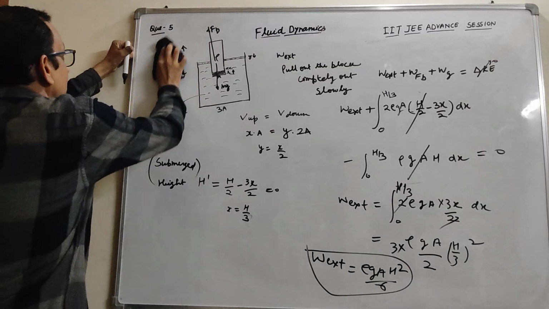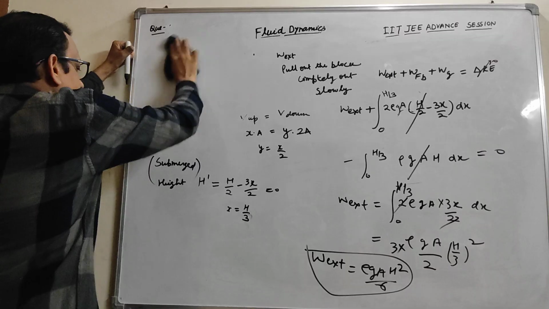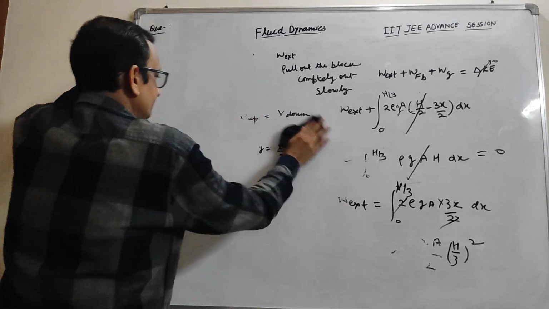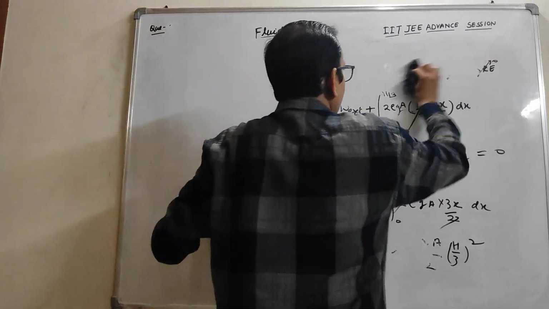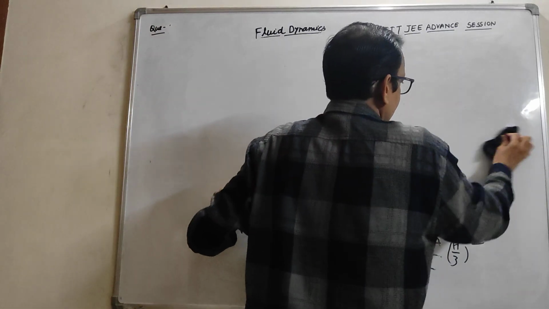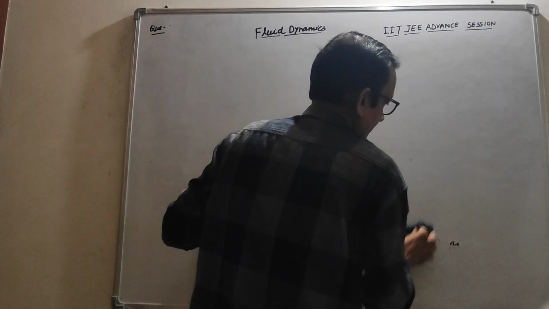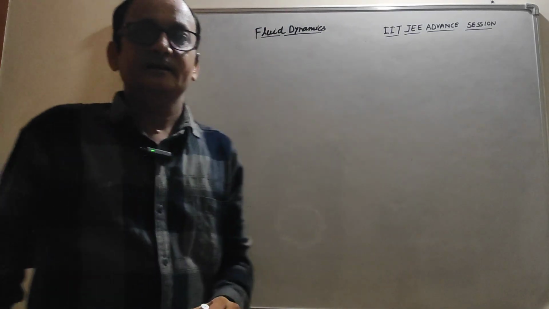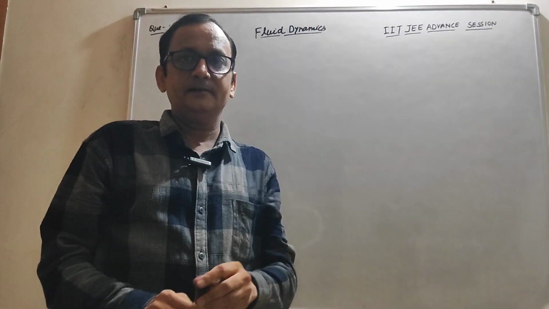So next problem, we have here a system is given in which we have to calculate the gauge pressure. The term gauge pressure is defined. What is gauge pressure? Gauge pressure is the pressure inside the material.